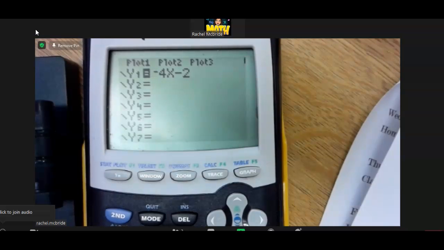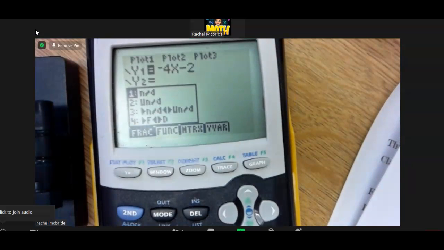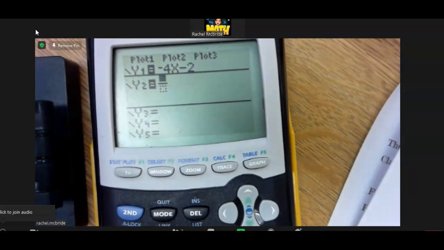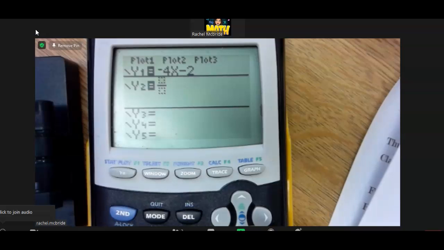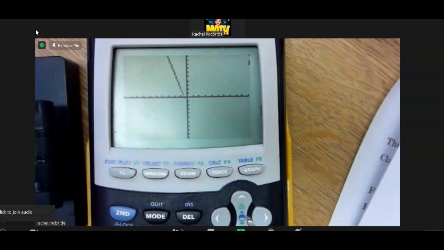If you go to alpha right here in green, and then you hit the y equals key and enter, it gives you a fraction. So then on top, you would type 8x plus 4, and on bottom, negative 2. Graph. There's the first line. There's the second line.